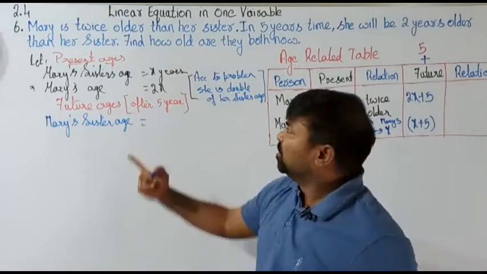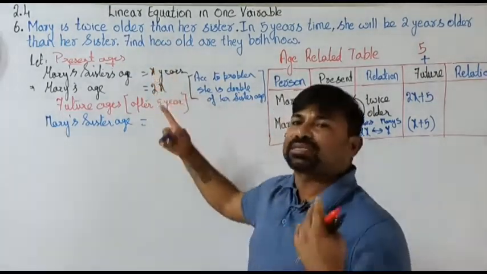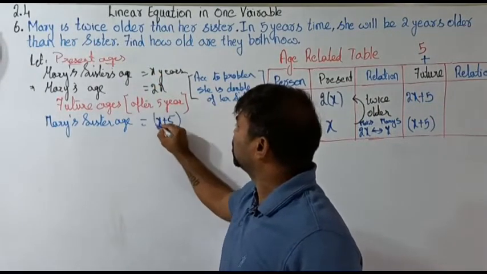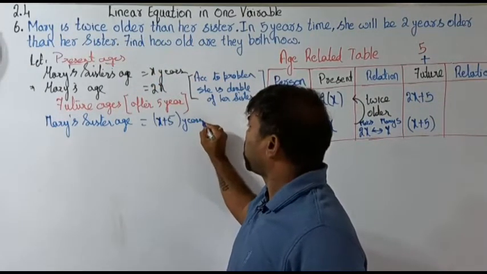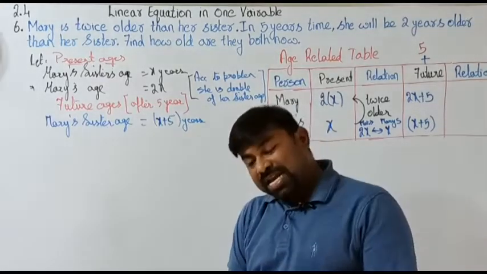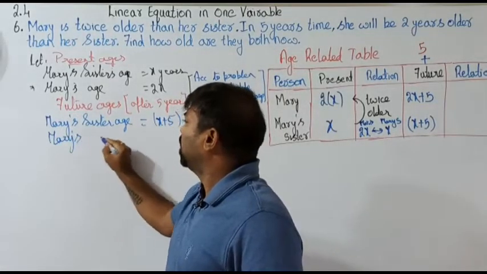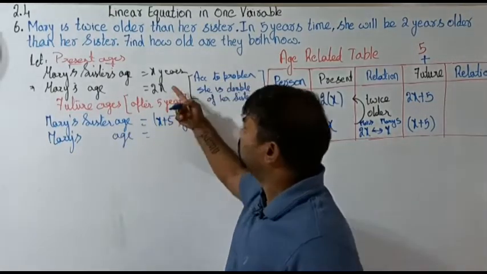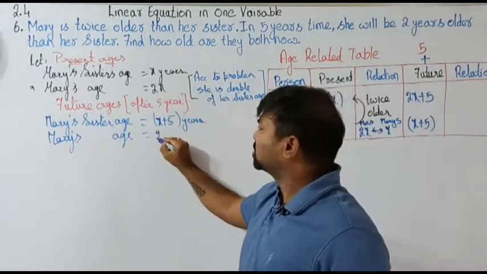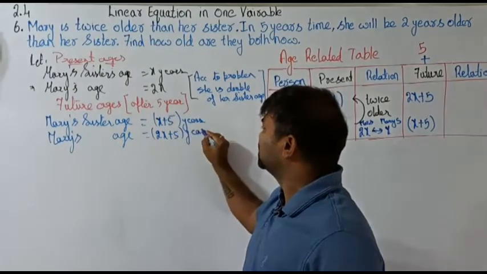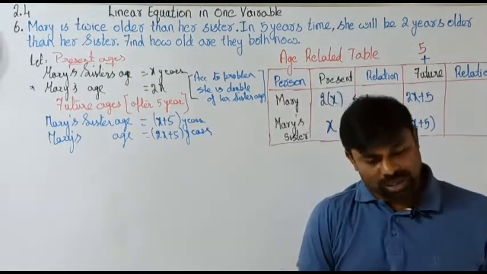If the age of Mary's sister is x, after 5 years it is x plus 5 years. Then what is Mary's age? Mary's age earlier is 2x, now it is 2x plus 5. These are the ages I have taken according to the question.